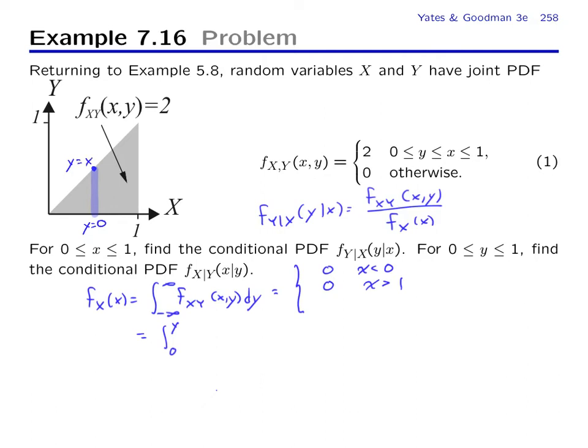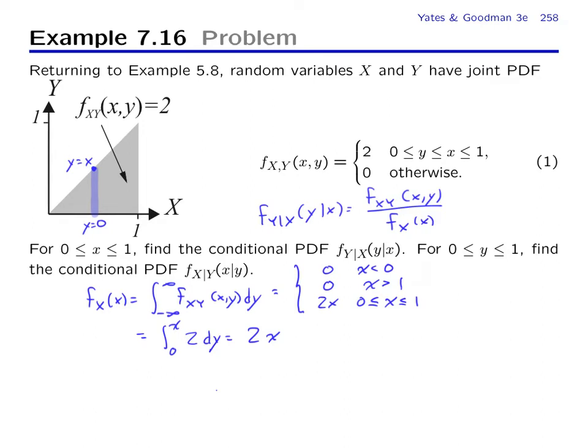So we have a typo here. So this is up to x, and now we plug in the joint density, which is 2 dy, and we obtain 2x. So this is 2x for 0 less than or equal to x less than or equal to 1.